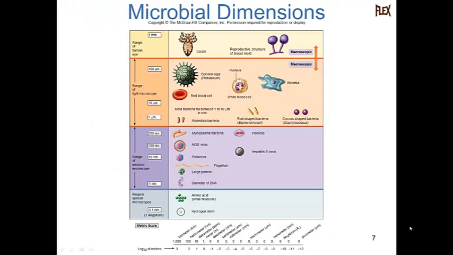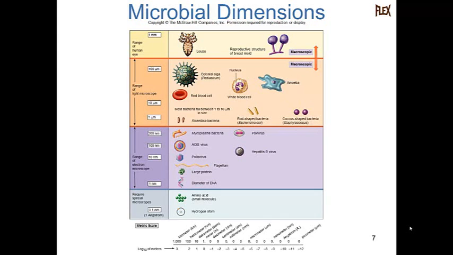Okay, so we've talked a little bit about the size of microorganisms. This is from page 7 of your textbook, and it shows the range of microorganisms, what's microscopic, what's macroscopic. There is an error on this slide, so I'm going to point that out in just a second. But let's look down at the bottom first, the blue row.